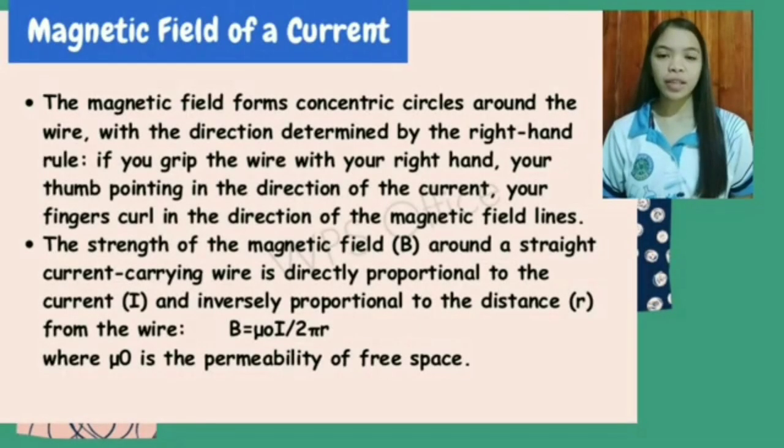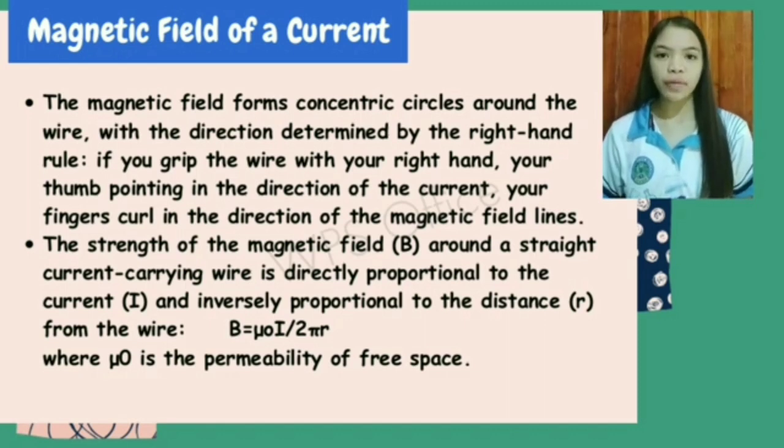In the magnetic field of a current, the magnetic field forms concentric circles around the wire, with the direction determined by the right-hand rule. If you grip the wire with your right hand, your thumb pointing in the direction of the current, your fingers curl in the direction of the magnetic field lines.